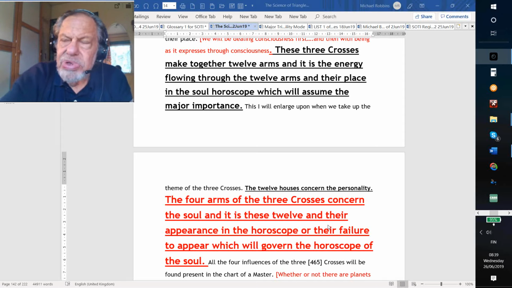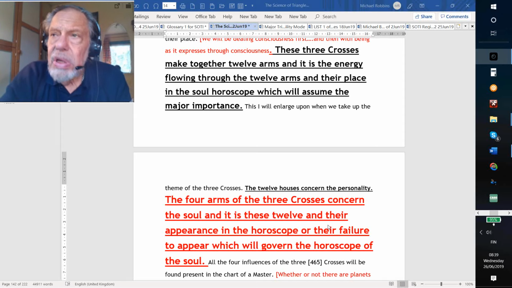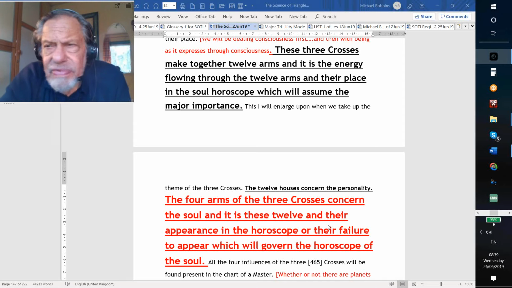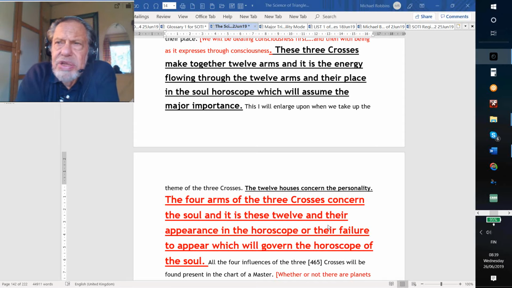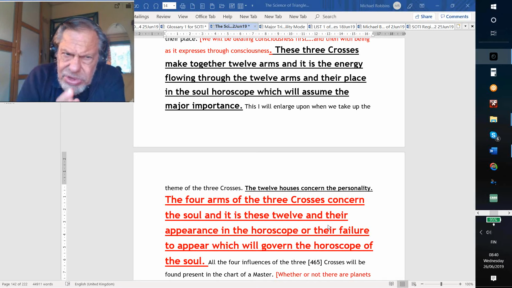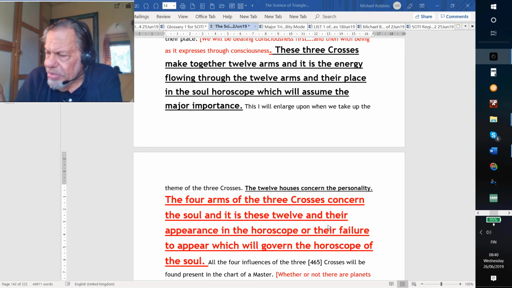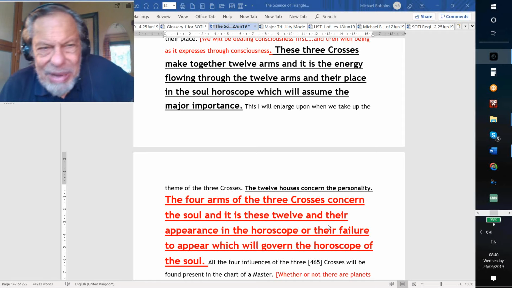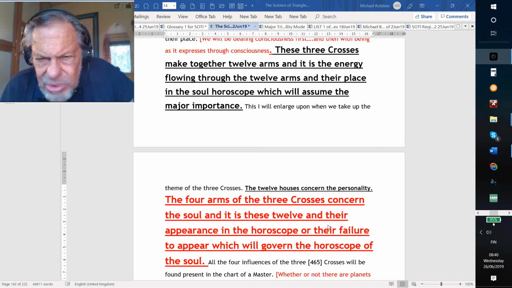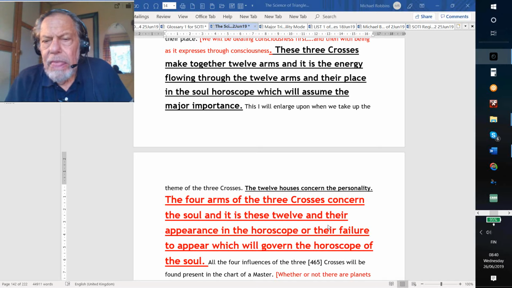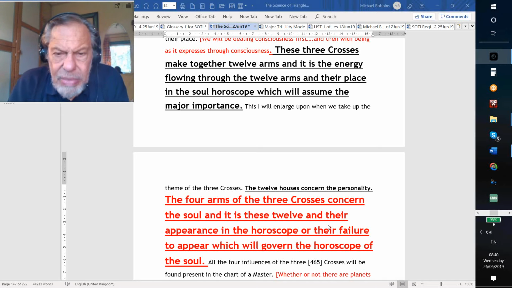They concern the personality, and we still have a lot of personality rearrangement to go through in order to live effectively and spiritually. There's a lot of adjustments. So if we leave the houses in place and, of course, inevitably argue about which house system is the best and why, we're dealing with the personality.